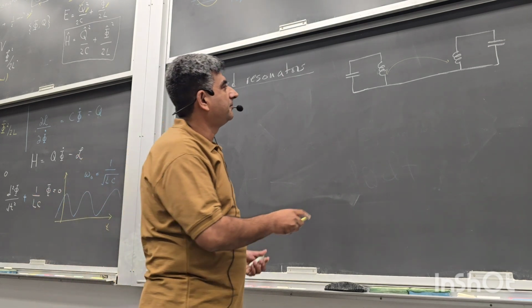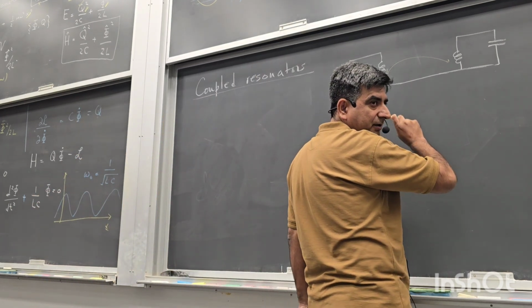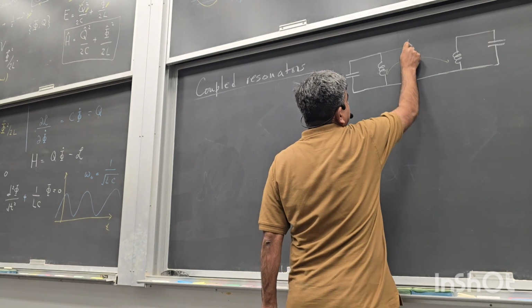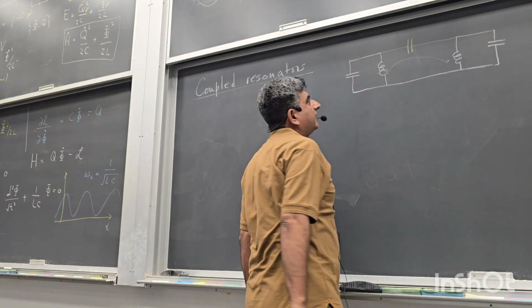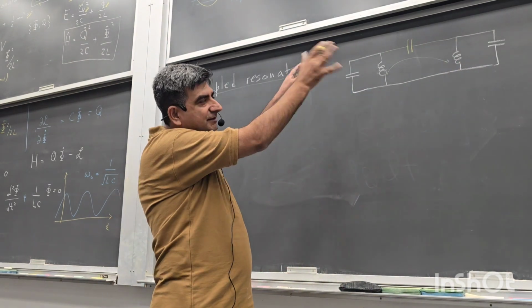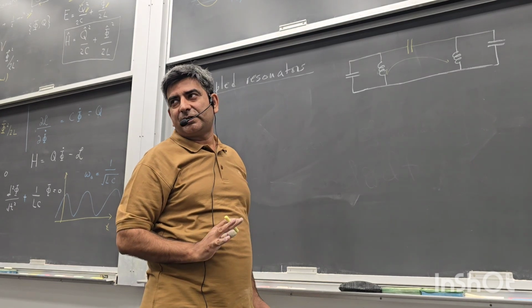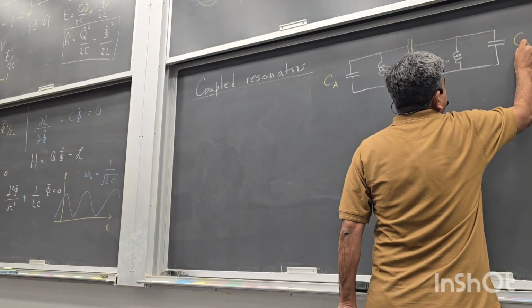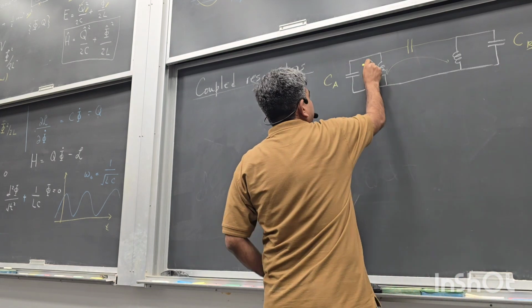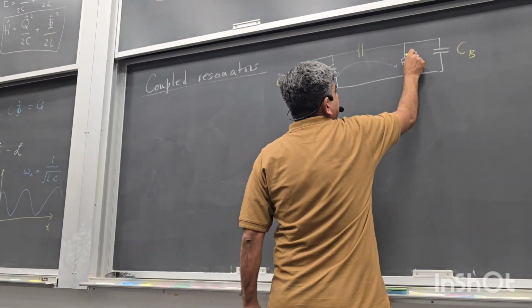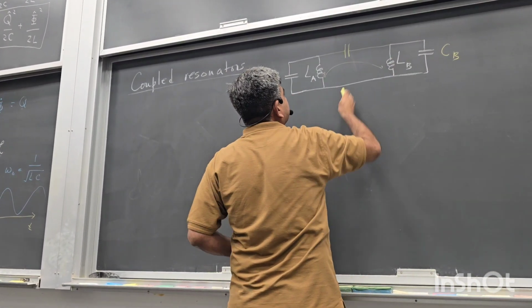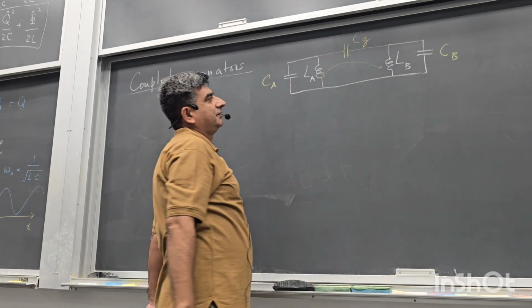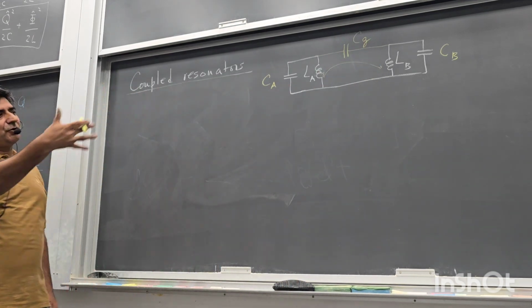So the mechanism that is normally used to couple these circuits is through a physical capacitor. Everything still is made up of superconducting material. So suppose the capacitances are CA, CB, the inductances LA, LB, and there is some coupling capacitor CG. So now we have two coupled oscillators.